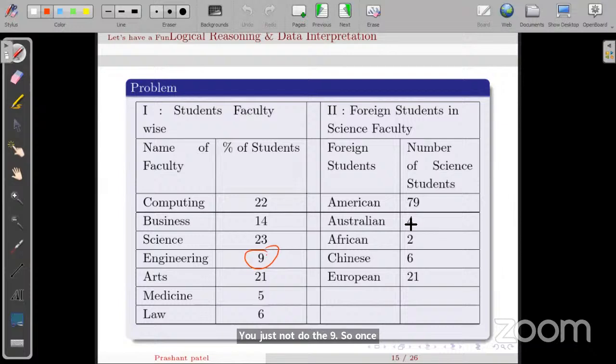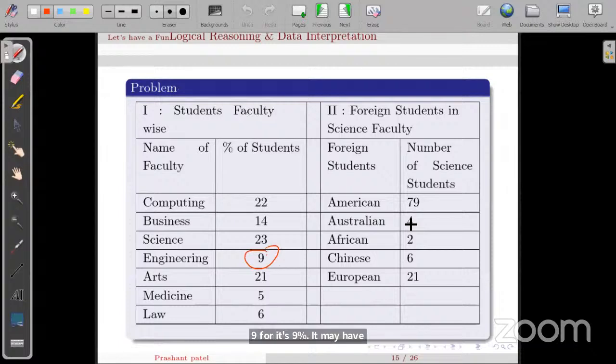You just not do the 9. So 1049 के 9% नहीं निकालने हैं. You have to calculate 9% में कितने स्टूडेंट हो गए, हमें टोटली पता नहीं है. Then how can we calculate this?